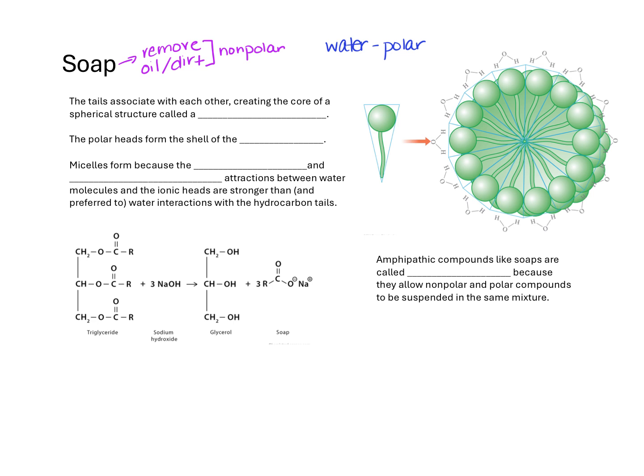Well, when we think about these molecules where they have this polar area and this nonpolar area, they self-assemble into these structures which are called micelles. These are basically like large spheres.